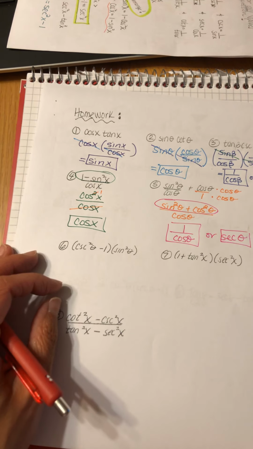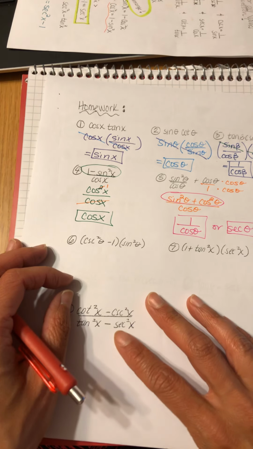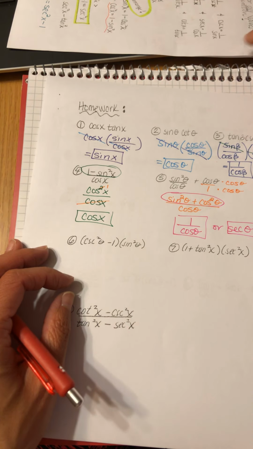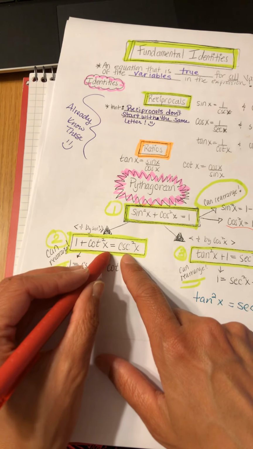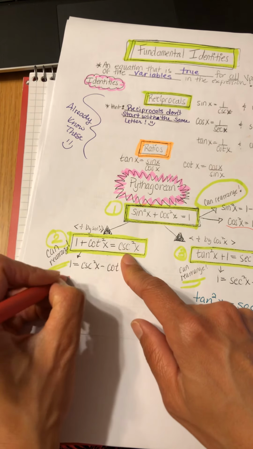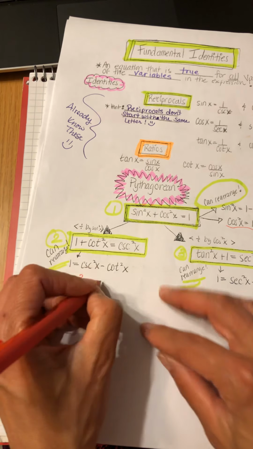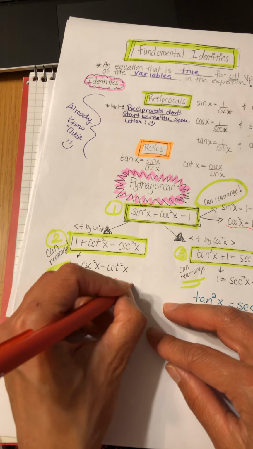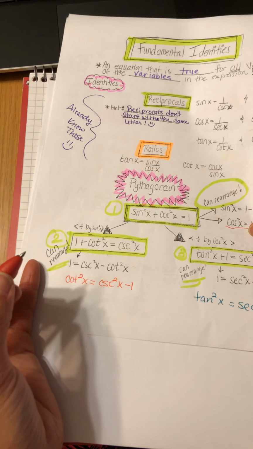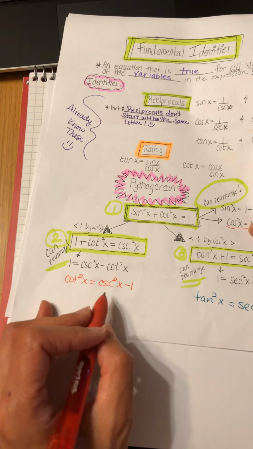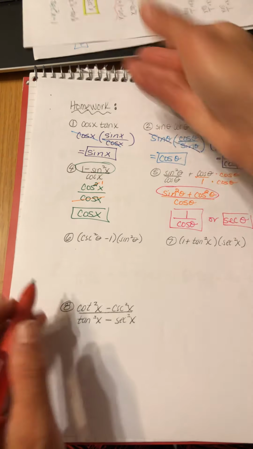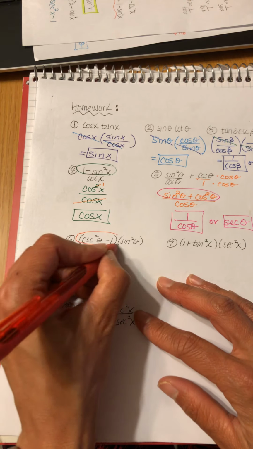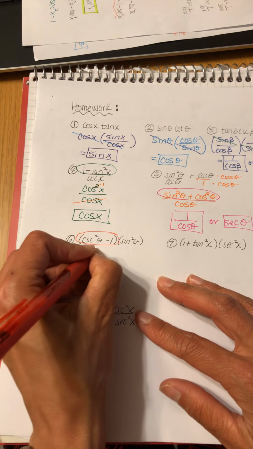number 6, cosecant squared theta minus 1 times sine squared theta. Cosecant squared theta, minus 1, is that an identity? Well, if I take this identity and I subtract 1 from both sides, I will have cotangent squared x equals cosecant squared x minus 1. And right there I have cosecant squared theta minus 1. Okay, so I can replace cosecant squared theta minus 1 with cotangent squared theta.